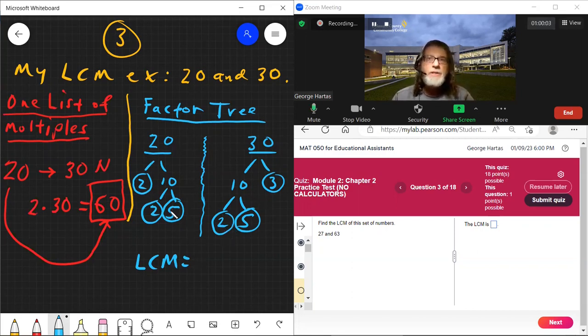So the side that has the most 2s comes down. Since there are two 2s here, these two 2s come down with a multiplication dot in between. So the side with the most of a particular prime number comes down. The loser stays back. So you never bring down numbers from both lists.